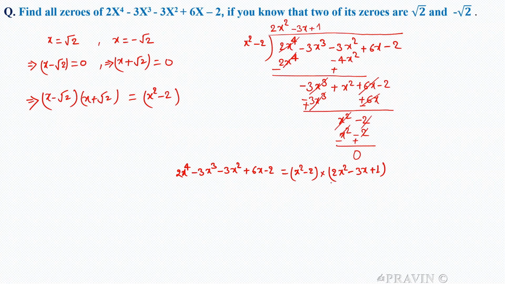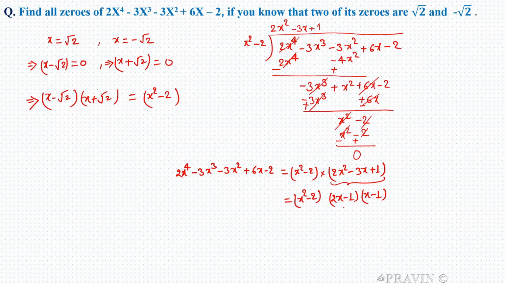Now, if you further factorize this polynomial, x square minus 2 is already there, and if you factorize this, you will get the factor 2x minus 1 into x minus 1.